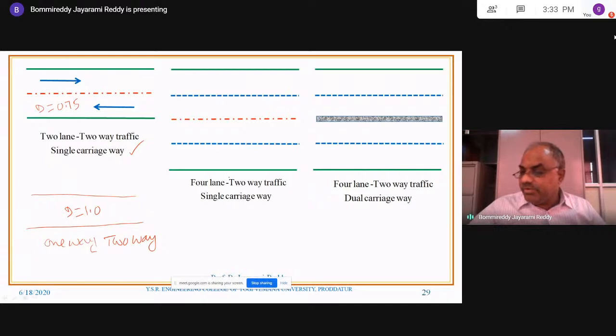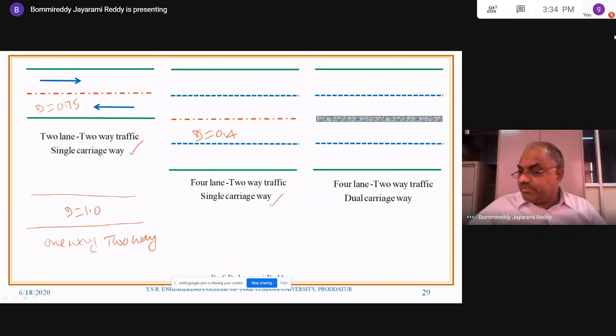And in the four-lane single carriageway, there is no divider at all. The vehicle that is here can come to this lane also. So in such a case, the distribution factor becomes equal to 0.4.